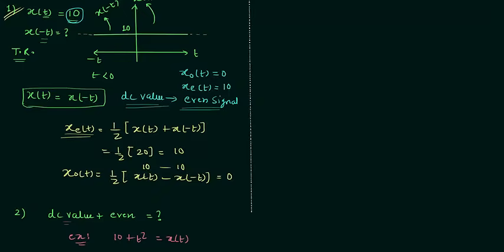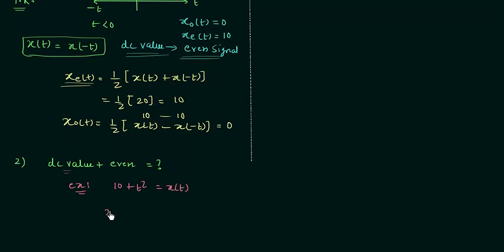When we perform the time reversal, this means when we obtain x(-t), then we have 10 plus (-t) squared. (-t) squared is equal to t squared, so we have 10 plus t squared, which is similar to x(t). So x(-t) is equal to x(t). So in this case DC plus even will produce an even signal.